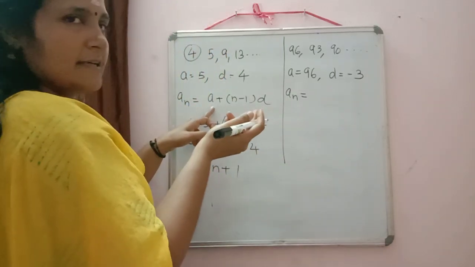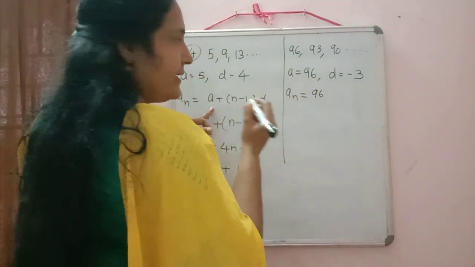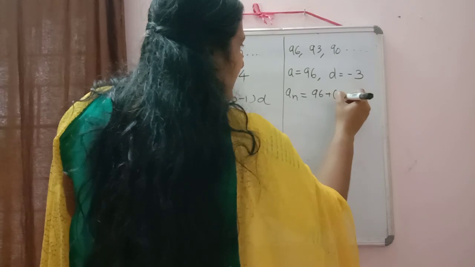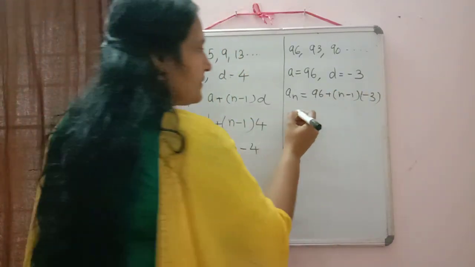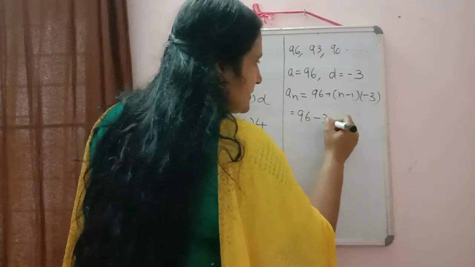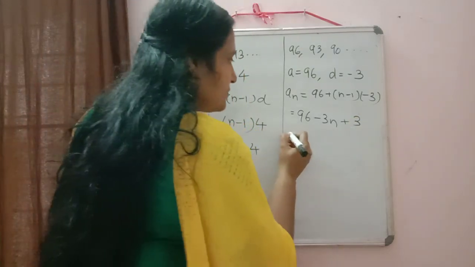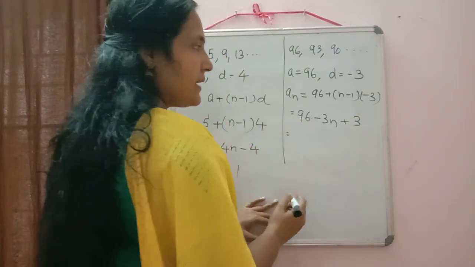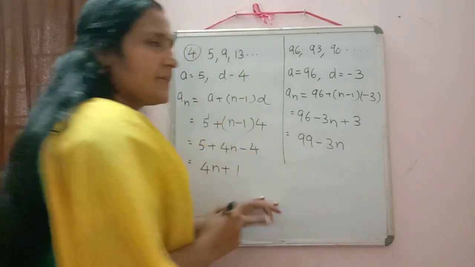So I am directly substituting the value of A. In place of A we have 96 plus n minus 1 into minus 3. Now do the multiplication. 96 minus 3n, minus into minus will be equal to plus. So what we are getting here, 96 plus 3 will be equal to 99 minus 3n.